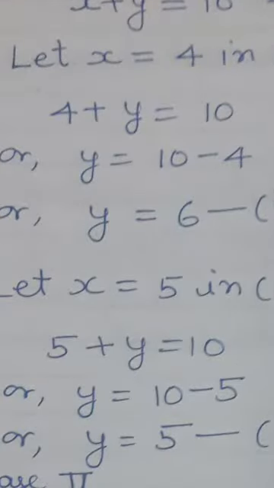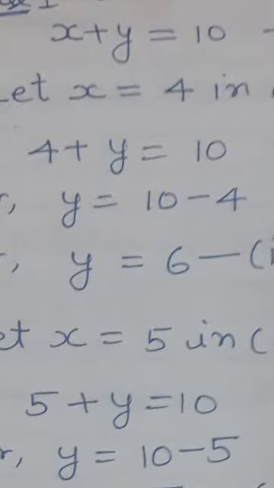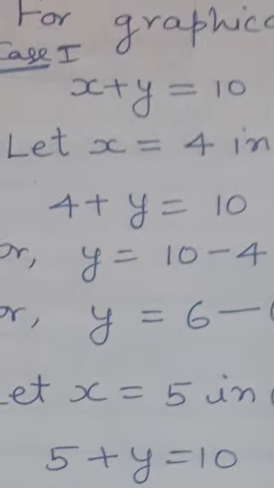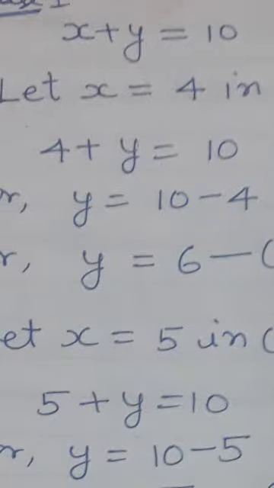In place of x we write 4 plus y is equal to 10. We keep y alone and take this 4 from LHS to the other side. On the LHS there is a positive sign, so when we take it to the RHS, a negative sign will be placed before 4.